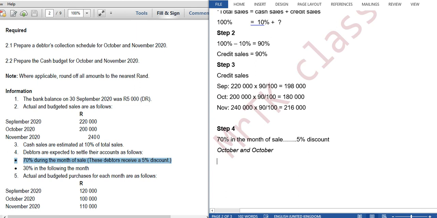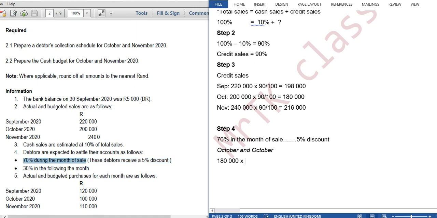All right, so under October and October, we're going to say in October we have sold on credit, here I can see the amount is 180,000. So we are going to say October and October 180,000. How much are we gonna collect from this 180,000 in October?